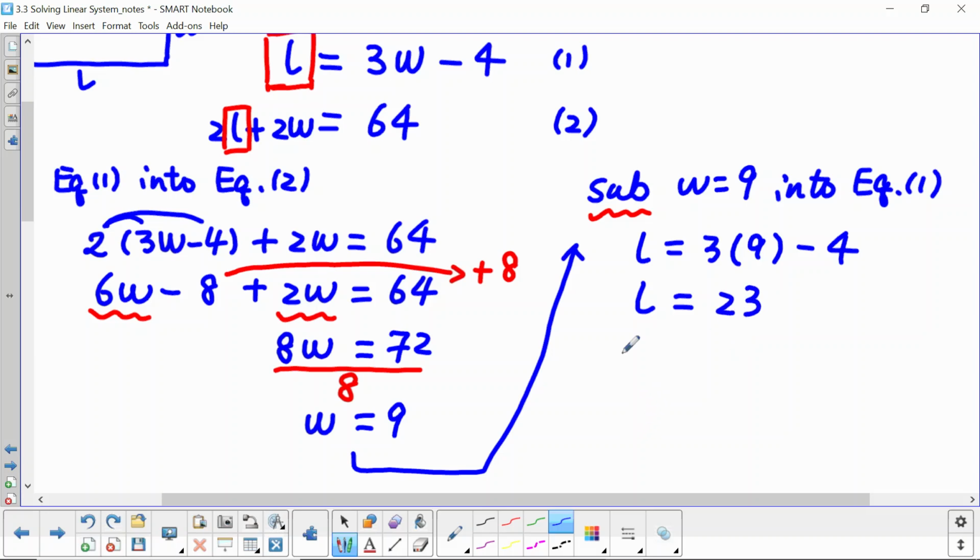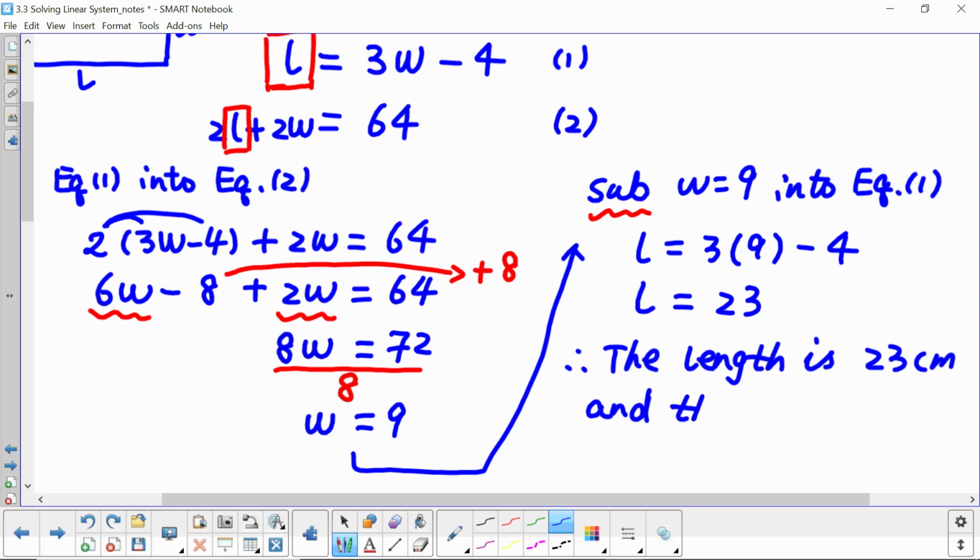Then we are going to write a statement. The length is 23 centimeter and the width is 9 centimeter.